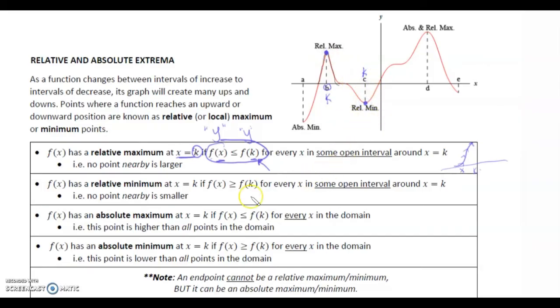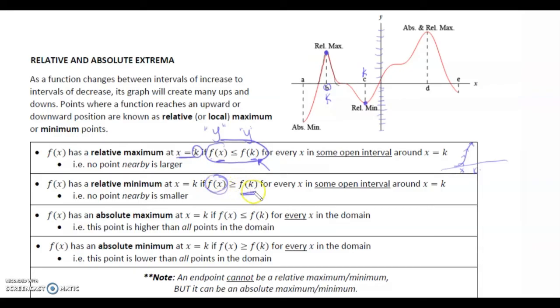And let's talk about relative minimum. So the function f at x has a relative minimum at x equals k. So at some k value, if every single other y value around it, and remember, we quote these in x's, but we actually look at the y's. Okay, so some other y value, say going up and down this y-axis, is everything else is larger than f at k.